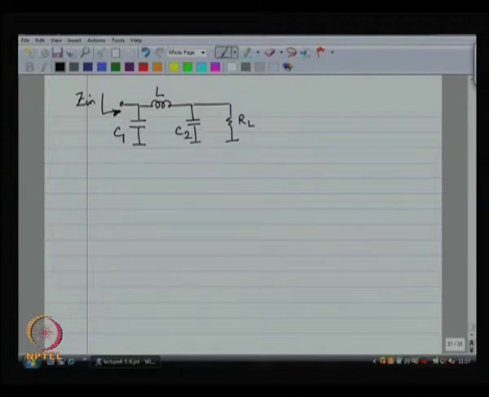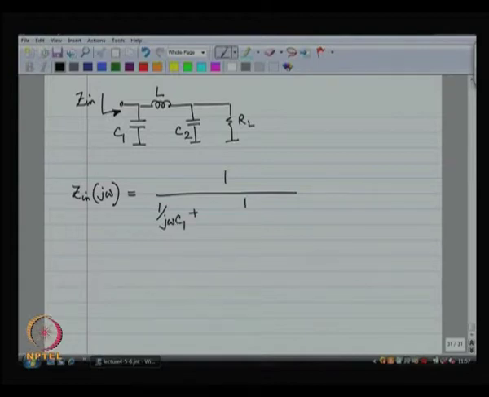So, my input impedance Z in is equal to a capacitor in parallel with some other stuff, right. So, that is what I am writing down over here. What is the other stuff?